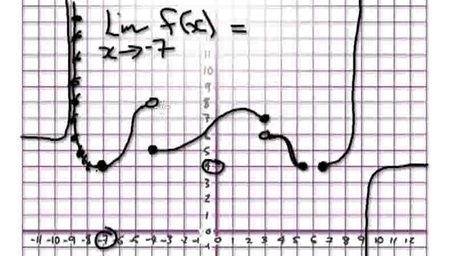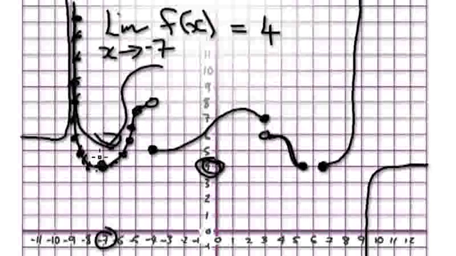Then you consider the right hand side, and you're also heading towards 4. So the limit here is 4. You've got to consider the left hand side and also the right hand side. If they meet at the same place, then the limit exists. In this case it is 4.